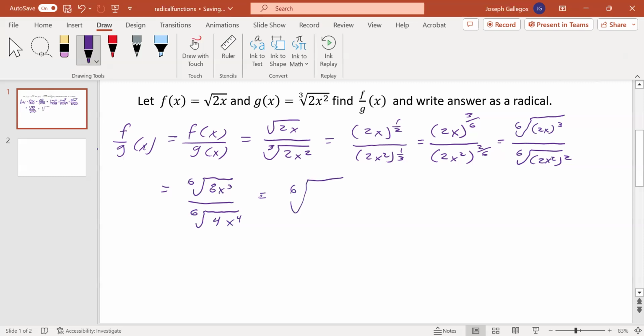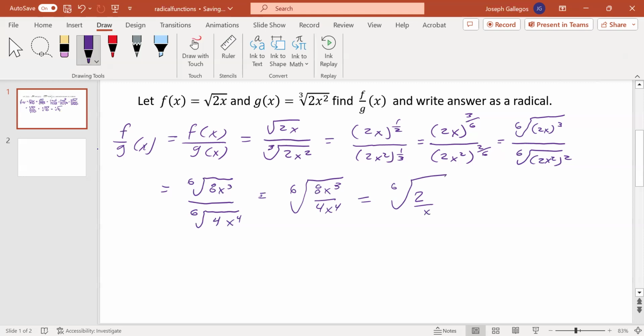And now dividing the radicands, we have 8x cubed on top and 4x to the 4th on the bottom. And now simplifying further, inside the 6th root, 8 divided by 4 is 2. And then x cubed divided by x to the 4th is 1/x. So we have an x in the denominator.